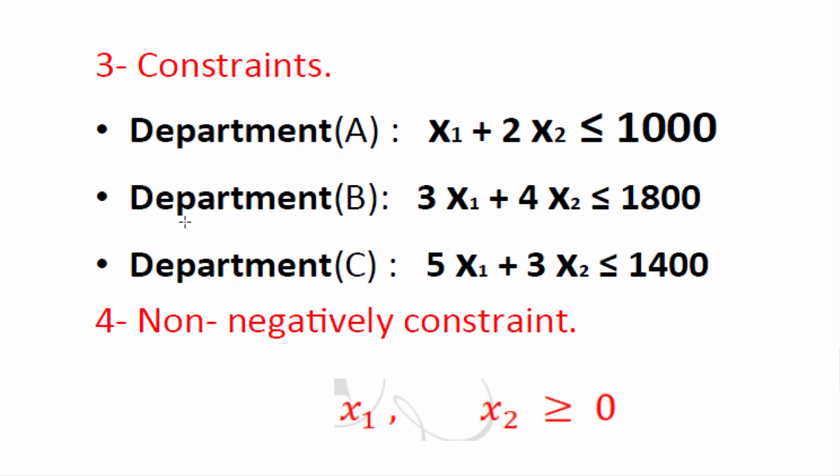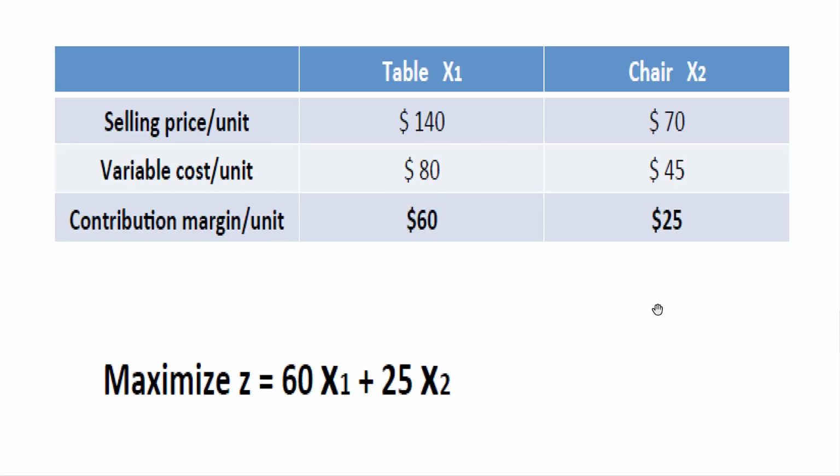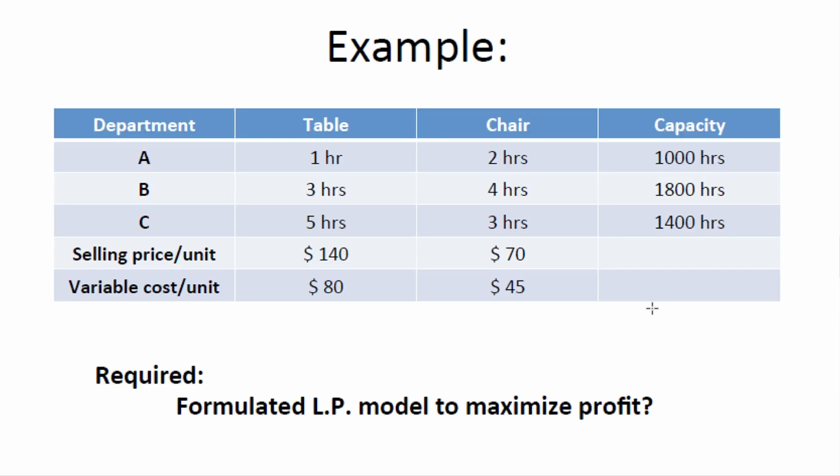Constraint 3, for department C, 5x1 plus 3x2 less than or equal to 1400. So the third constraint is 5x1 plus 3x2 less than or equal to 1400.